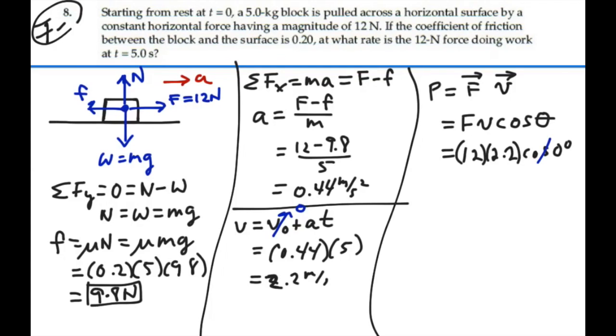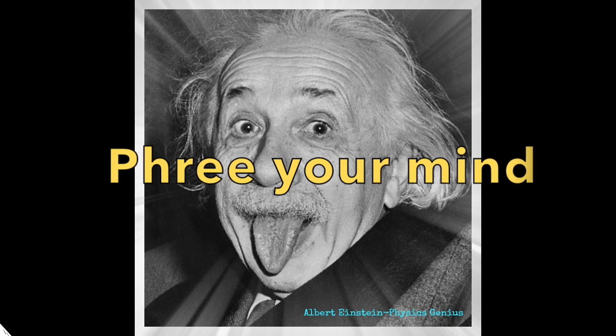Cosine of 0 is going to be 1. And this is going to be 12 times 2.2, which will give us 26.4 joules per second, or watts. So that is the power, the rate of the force doing work, 26.4 watts on the block.